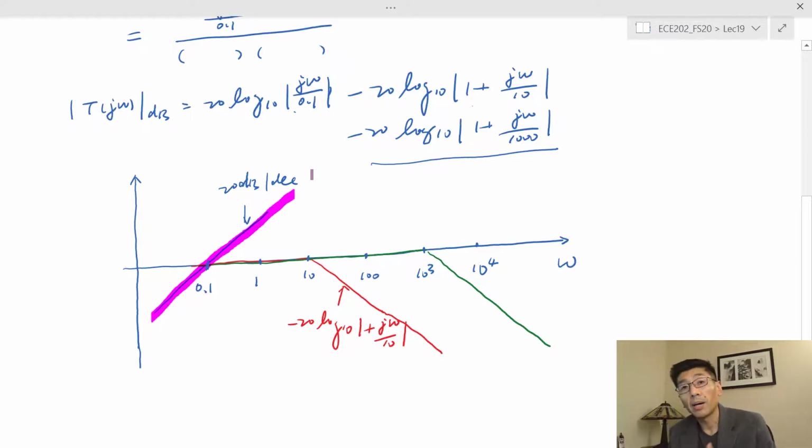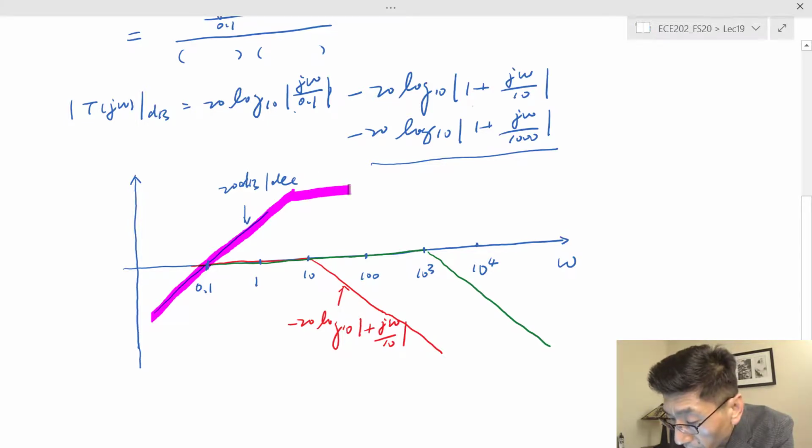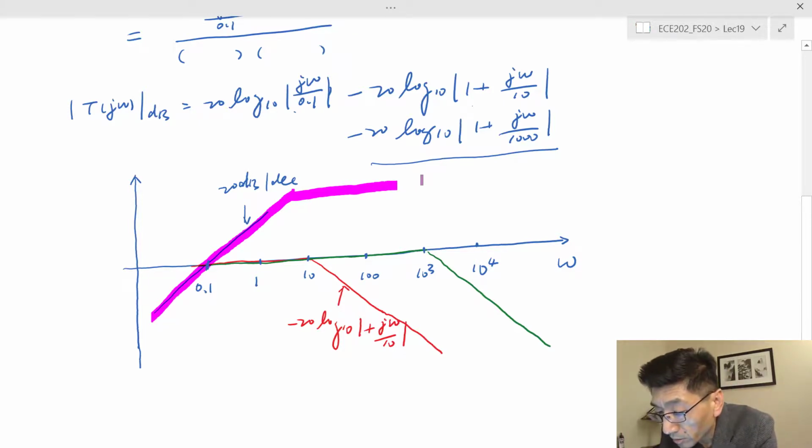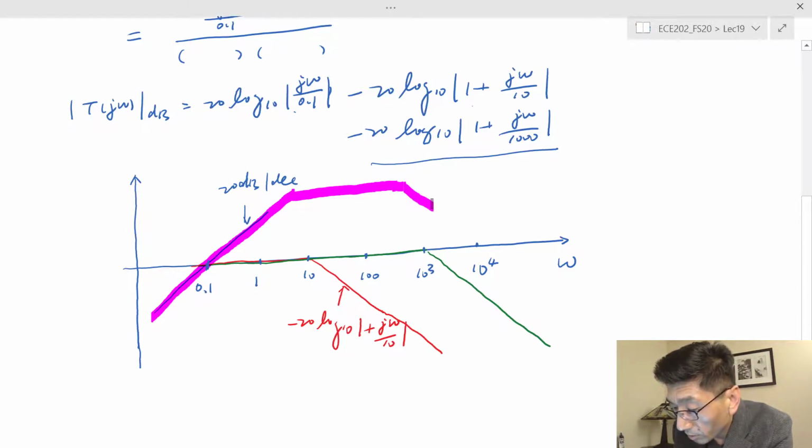Because this has a positive 20 dB and that has negative 20 dB, the curve becomes flat here and goes until 1000 radian per second. At 1000 radian per second, the third term starts, and the slope becomes negative 20 dB per decade.